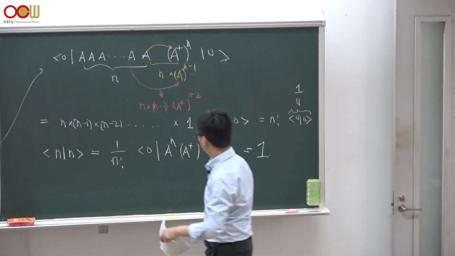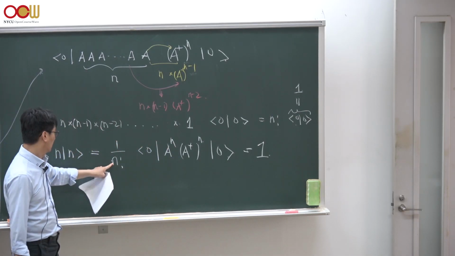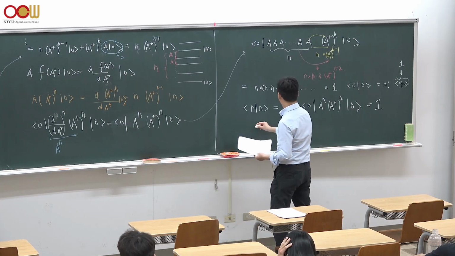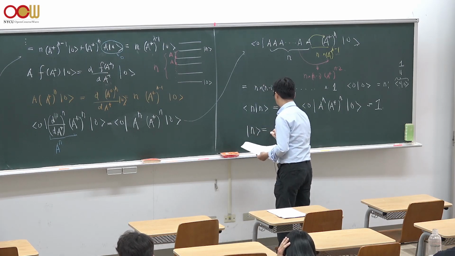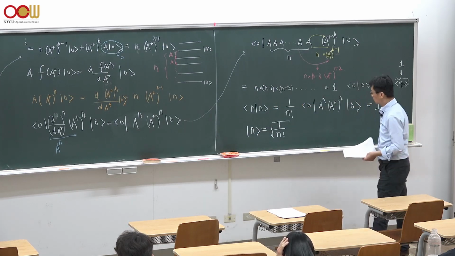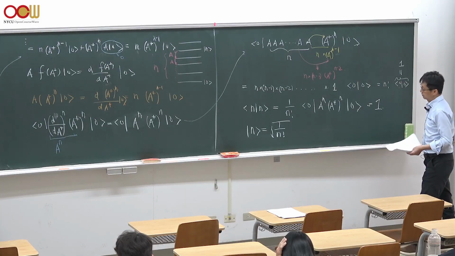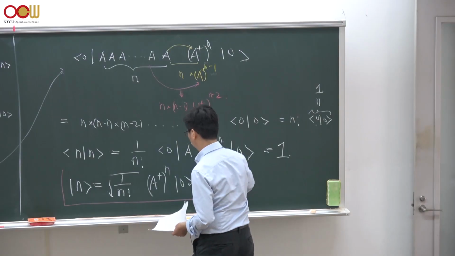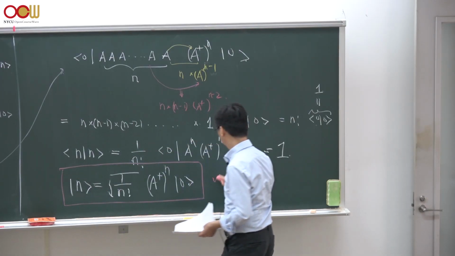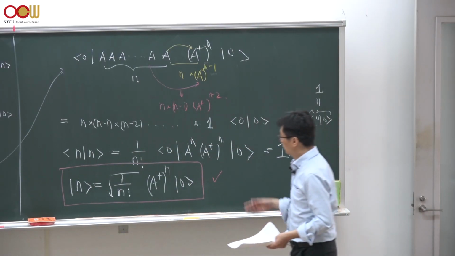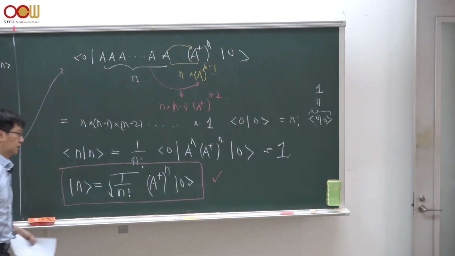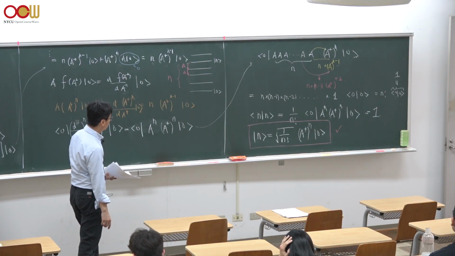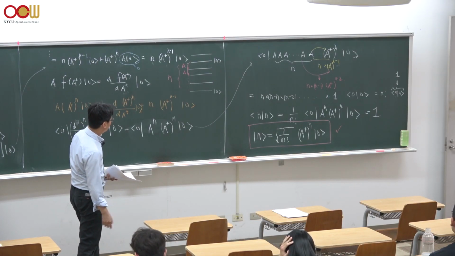Okay, so then this is the square of the normalization factor, right? So this is actually the normalization factor, which is the square root of this factor.